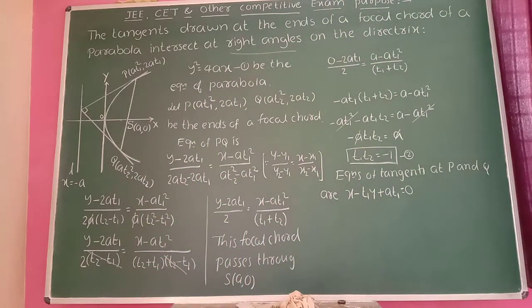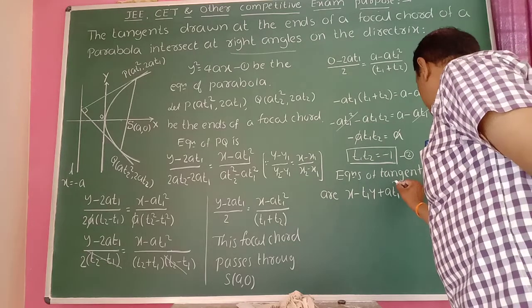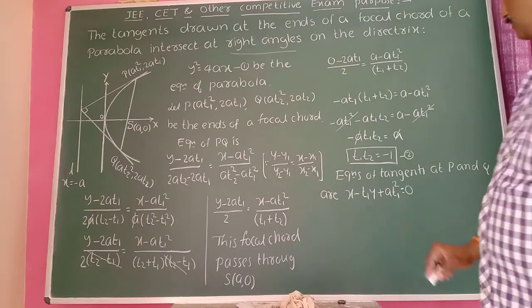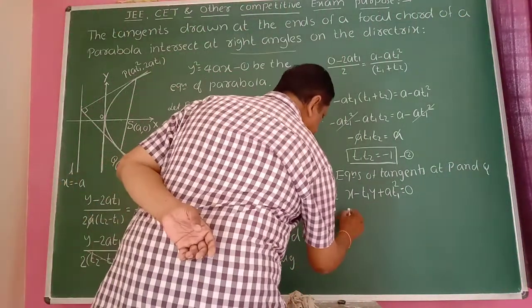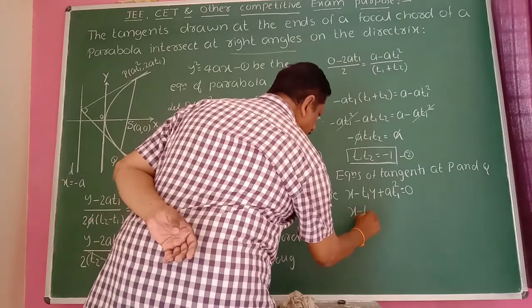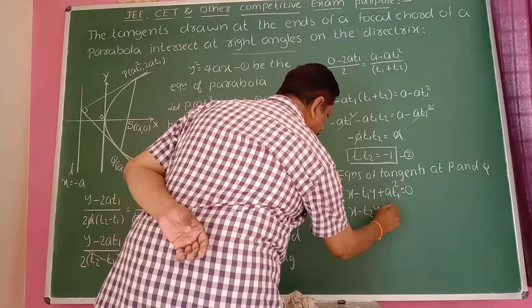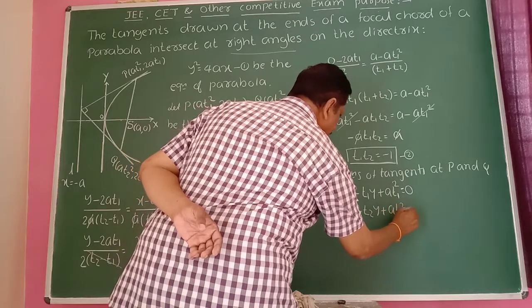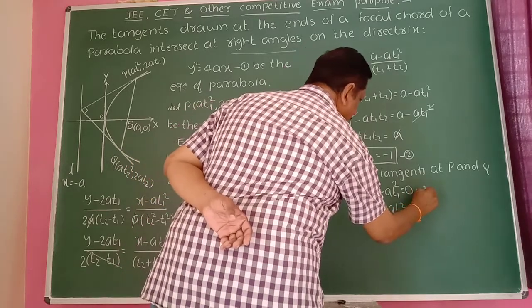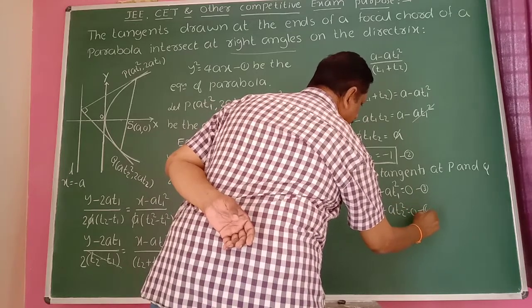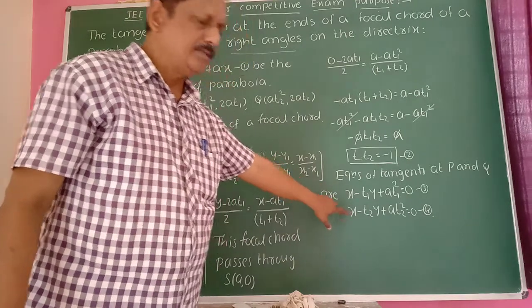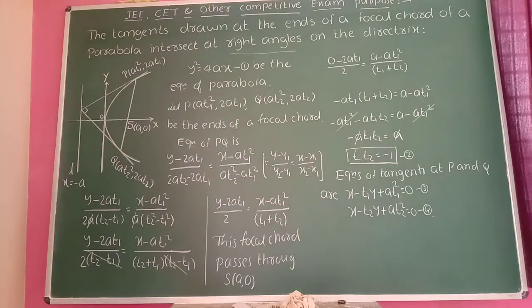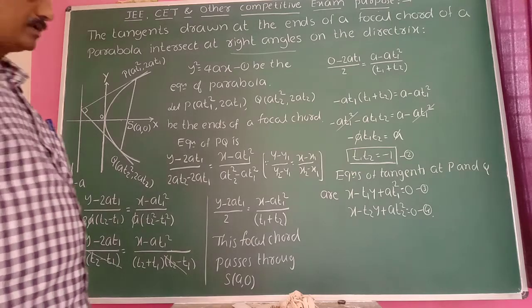And the equation of the tangent at the point Q is given by x minus t2 y plus at2² is equal to 0. Take these as equations 3 and 4. This is the tangent at P and this is the tangent at Q, in parametric form. Then solve them.